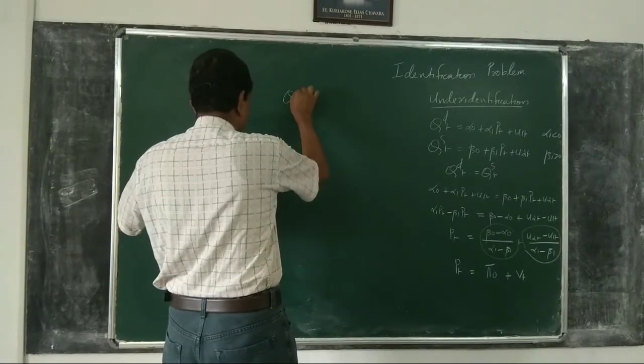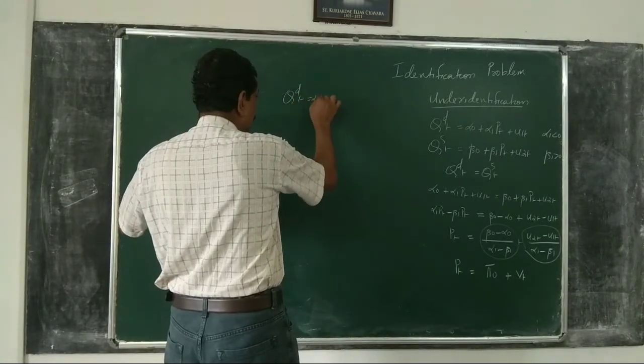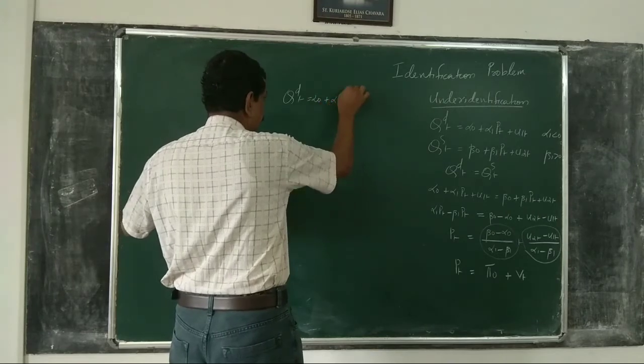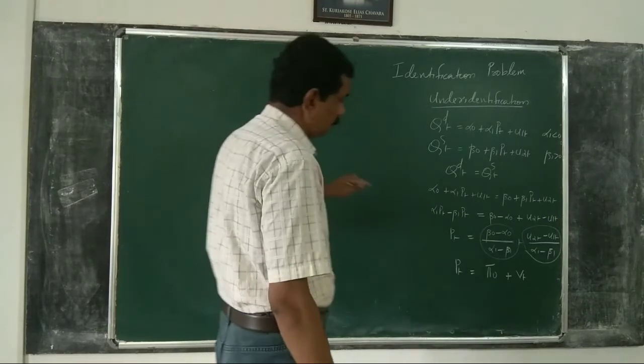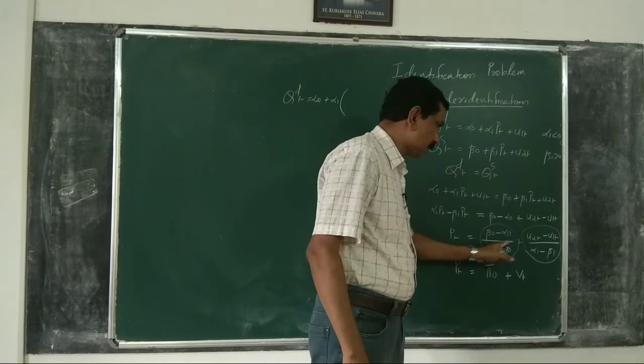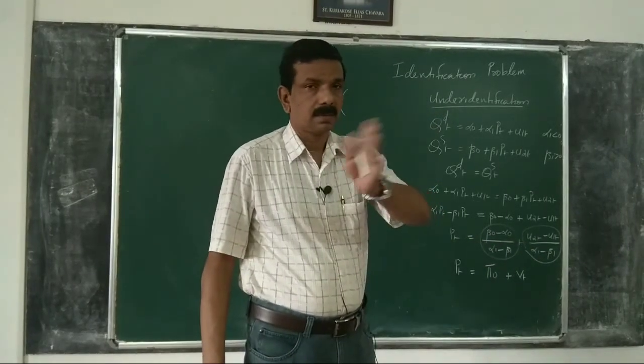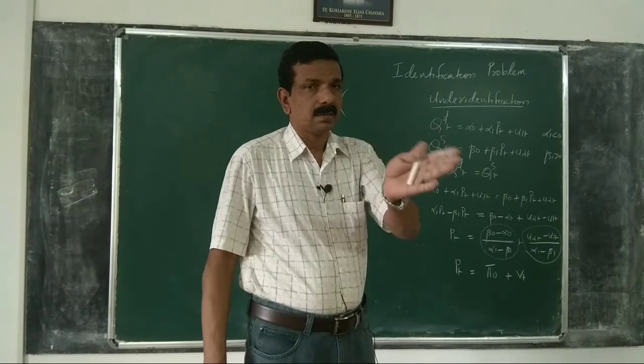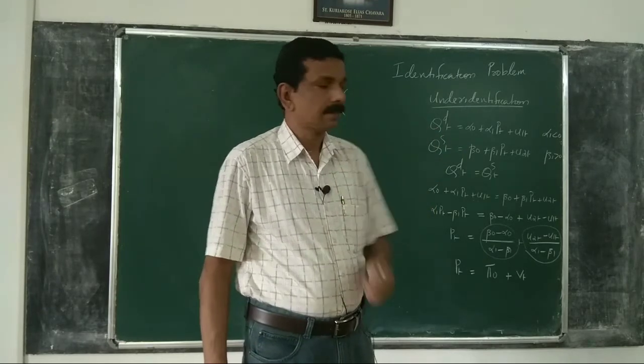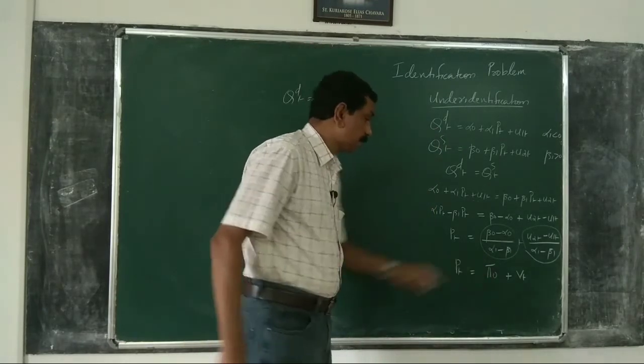Then, substituting this either in the demand equation or supply equation, let me substitute it in the demand equation. Qdt is equal to alpha 0 plus alpha 1 times this. As I told you, you can do all the substitutions, taking LCM and the like, or you can substitute this.